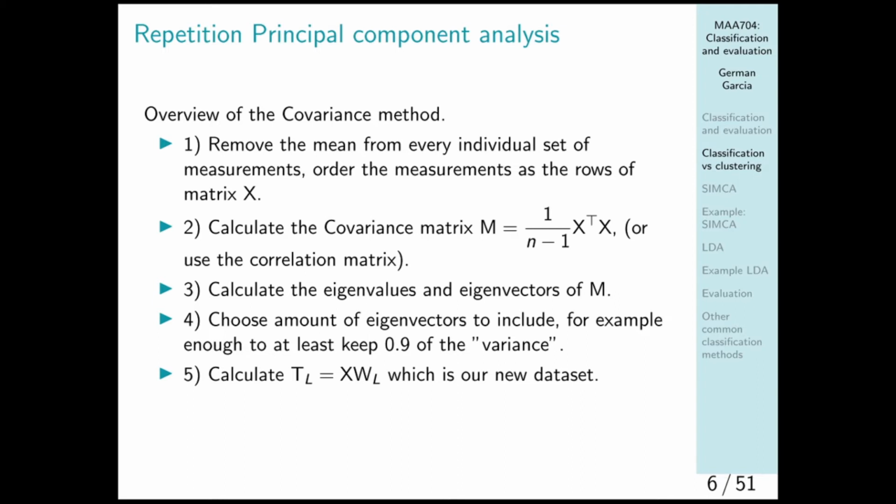Step 4, we choose the amount of eigenvectors that include, for example, enough to keep 90% of the variance, that's usually a common threshold. And in the end, we calculate our new dataset using data matrix X and the matrix composed of our principal components.